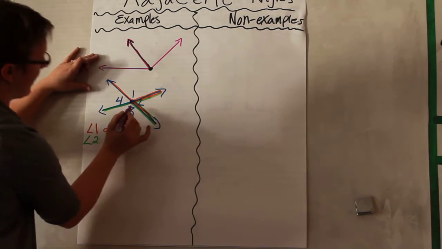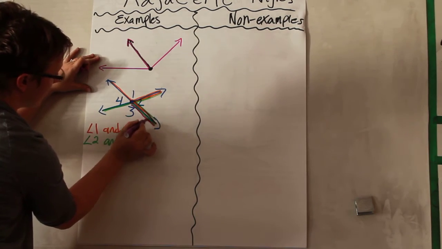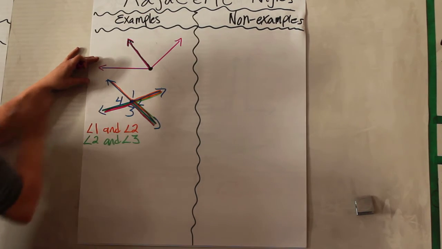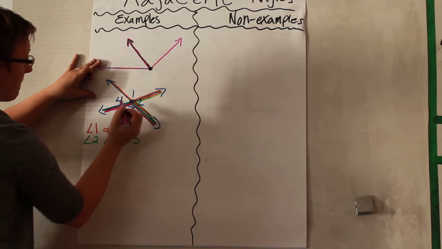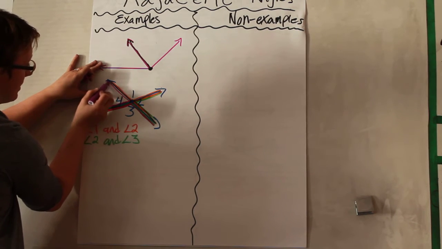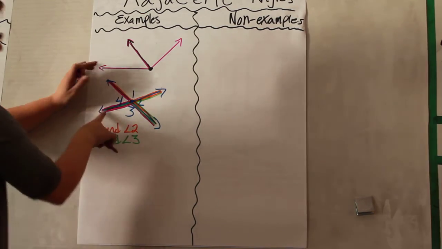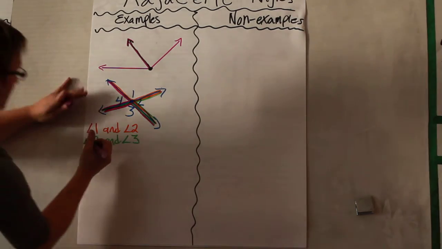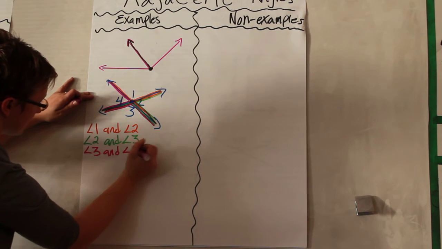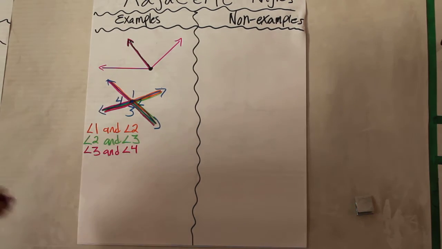You can also see that angle 3 and angle 4, they share that vertex in the middle just like all the rest of them. But angle 3 and angle 4 share this side right here. So angle 3 is adjacent to angle 4.